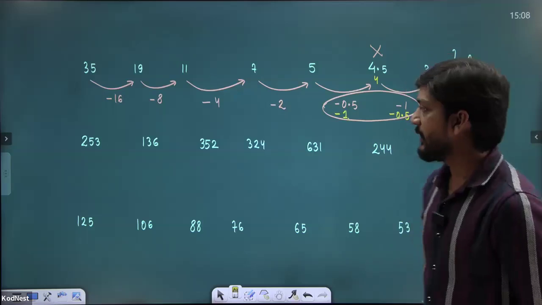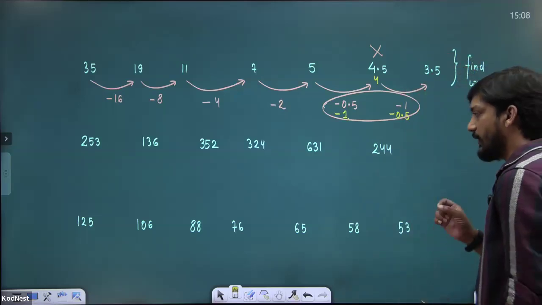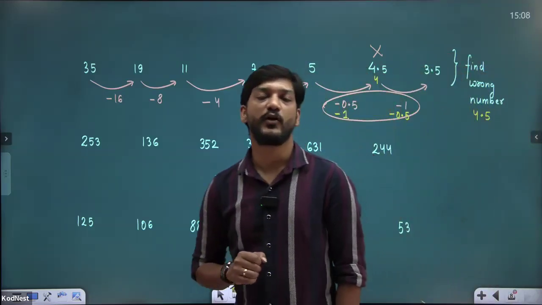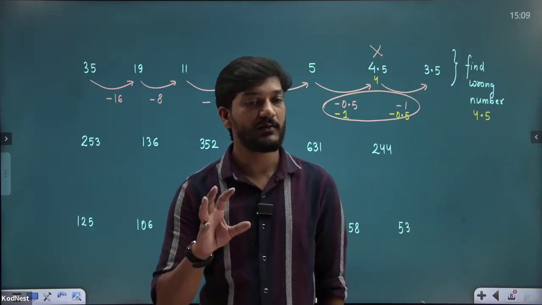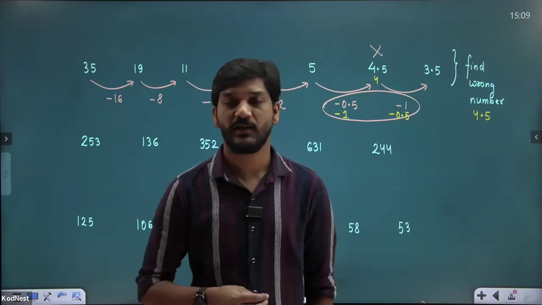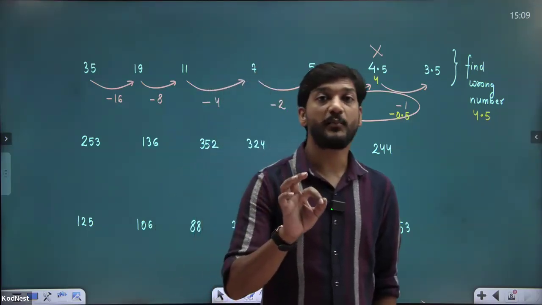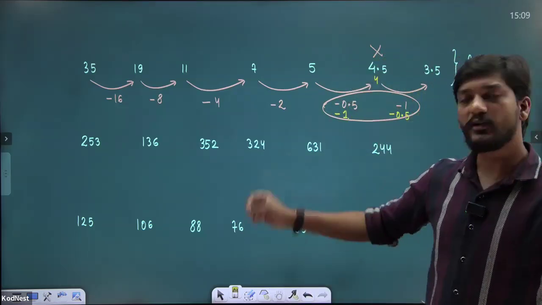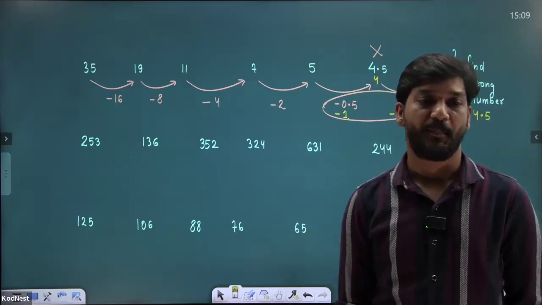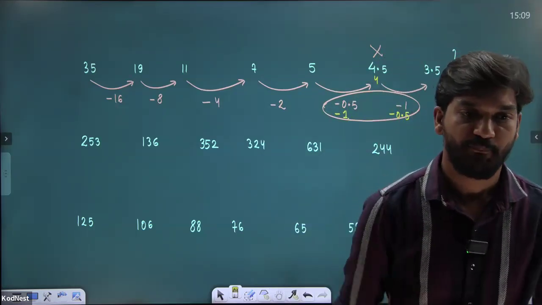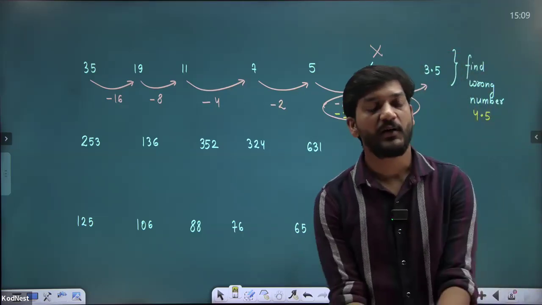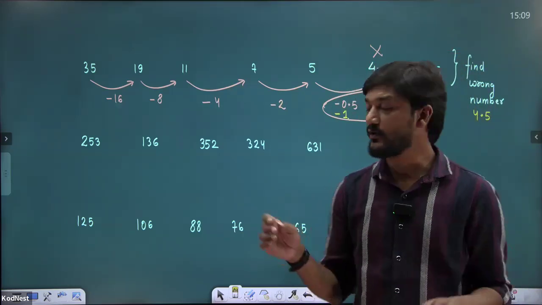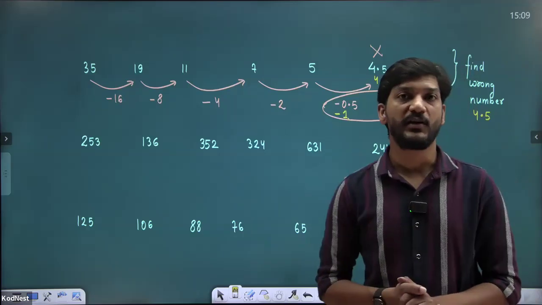No. Okay. So if the series do not follow a pattern, try to think something out of the box. So don't think plus, minus, multiply, divide. Think something else. What something else can you think when you have a number? Don't think plus, minus, divide, multiply, square, cubes. Don't think that, because numbers are very random in nature.